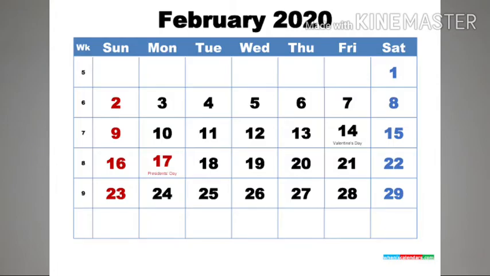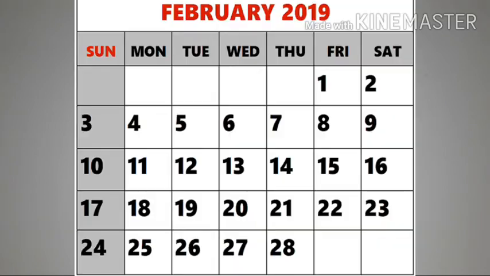Can you tell me whether 2020 is a leap year or not? Check the calendar once. You will find there are 29 days in the month of February, and if you check the calendar of 2019, you will get 28 days in the month of February.